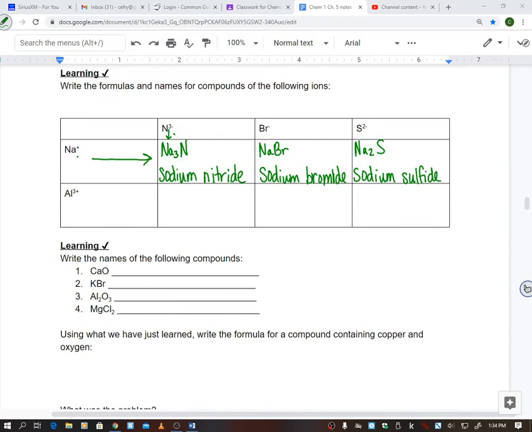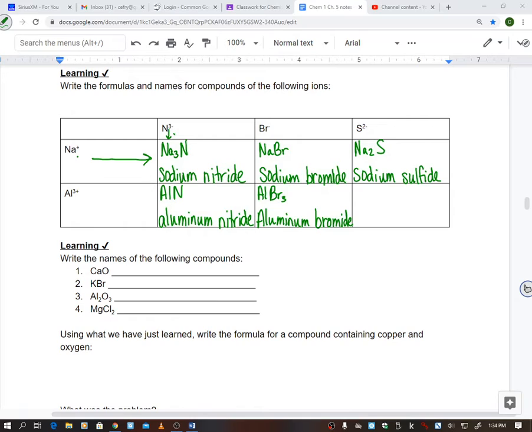All right, and then finally, we have aluminum. So look at this, Al is a +3, nitrogen's a -3, so it's just going to be AlN because their charges already cancel out, and it is aluminum nitride. This one is going to be AlBr3 to get those charges to cancel, and it is aluminum bromide.